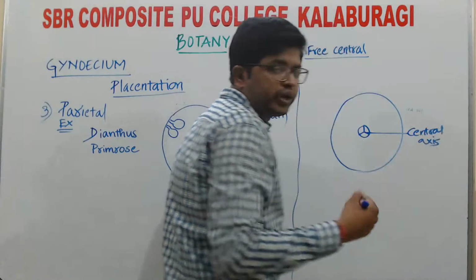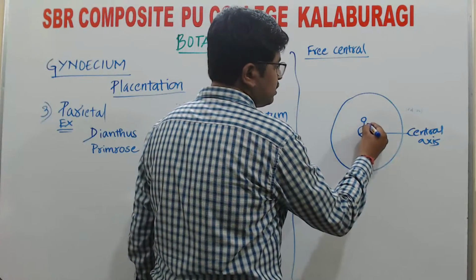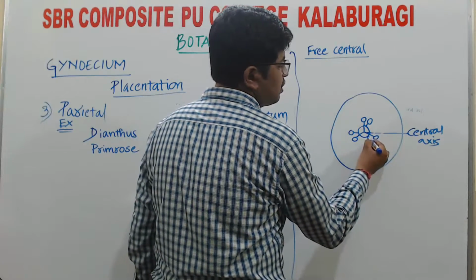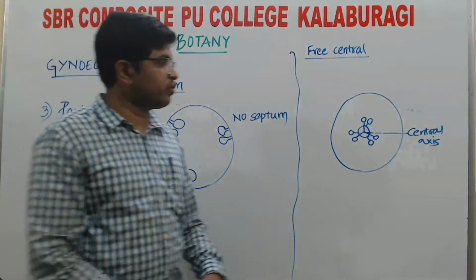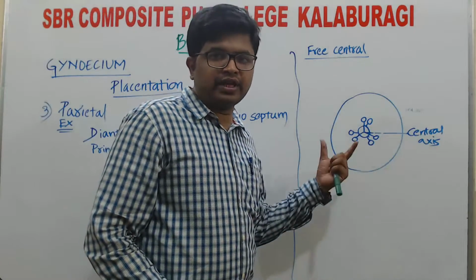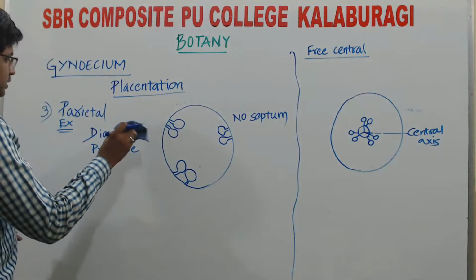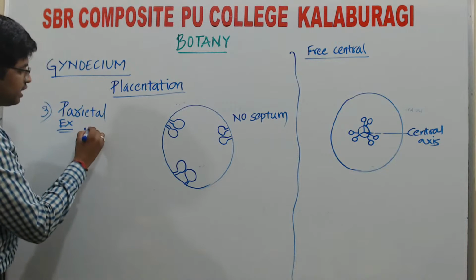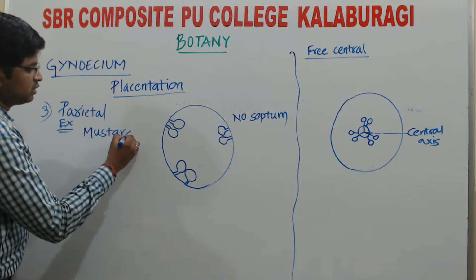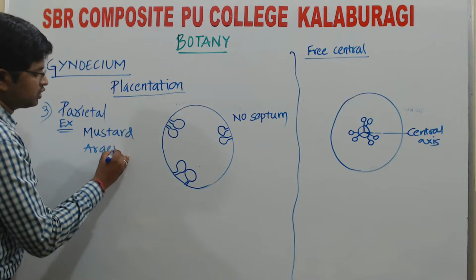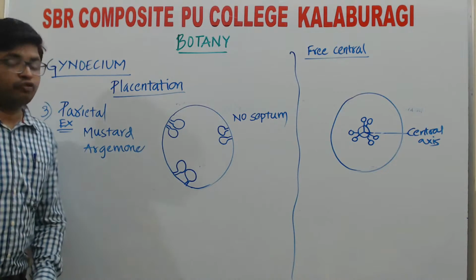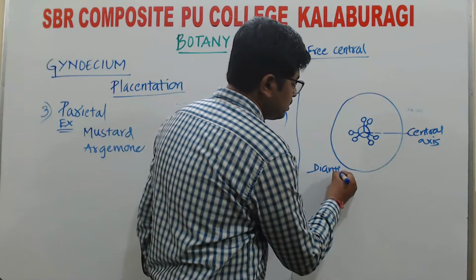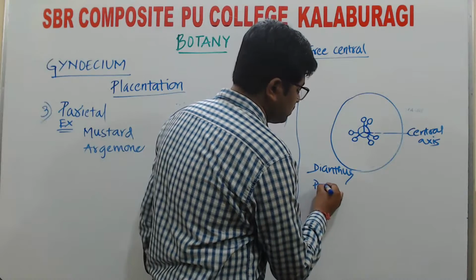Without any walls, you will see ovules placed like this. So free central we say. Sorry, for parietal it is mustard and argemone. For the free central, the example is dianthus and primrose.